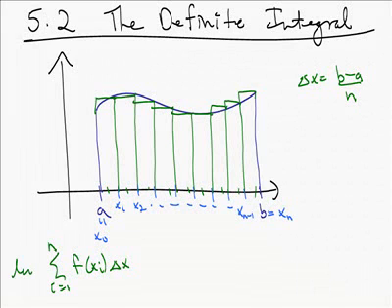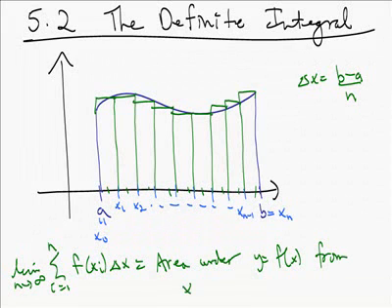So if we take the limit as n approaches infinity of this sum, that gives us the area under y equals f of x from x equals a to x equals b.